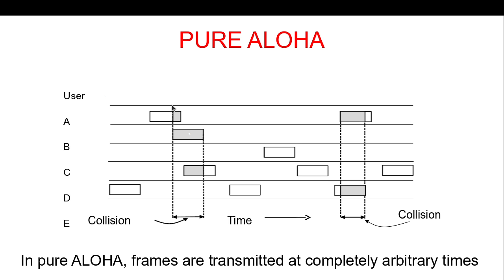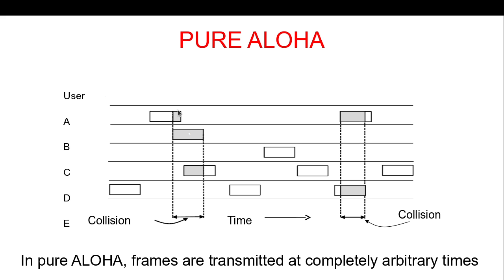Before A's frame has gone through the channel, station B starts transmitting its frame. So A's frame and B's frame collide for a short span of time.